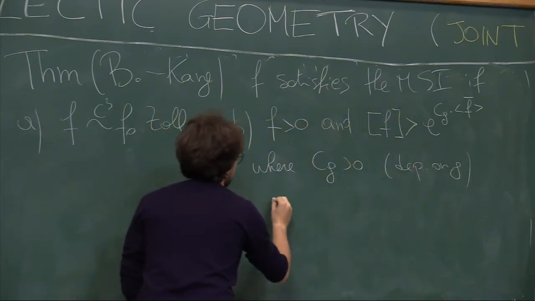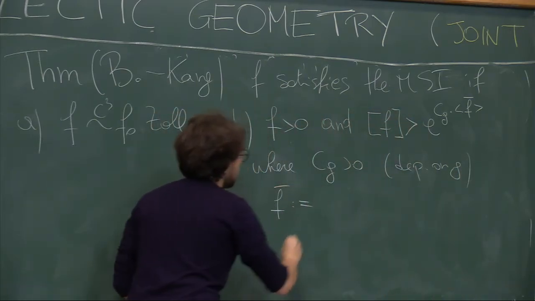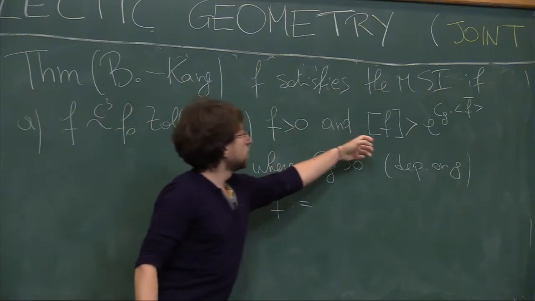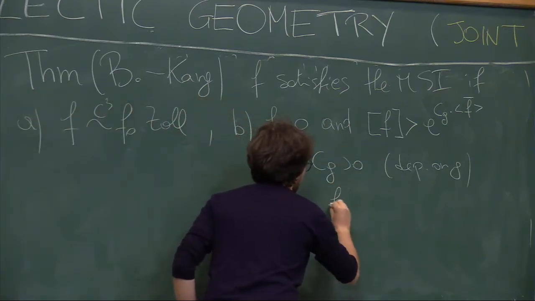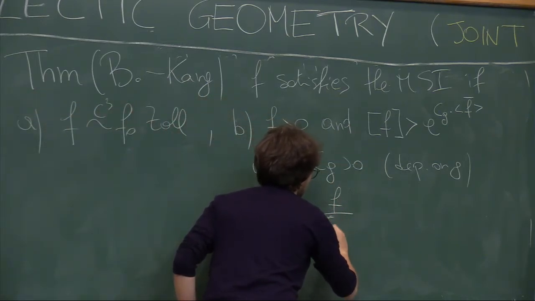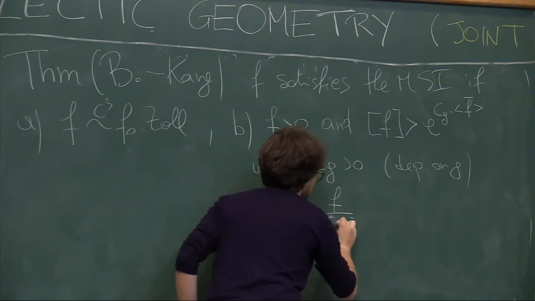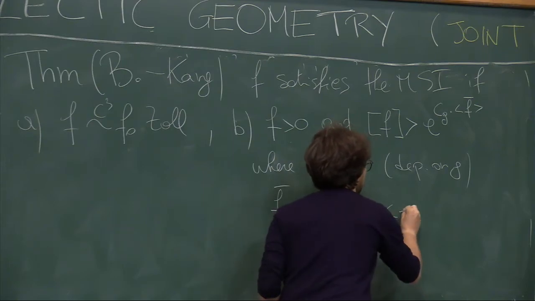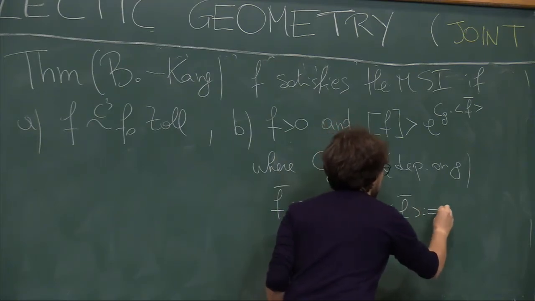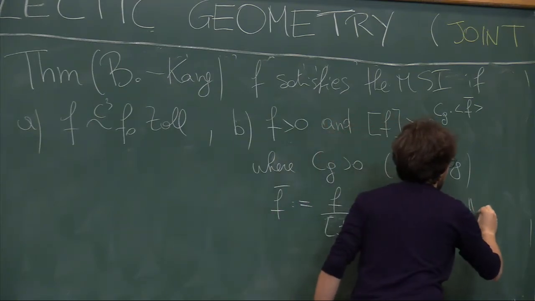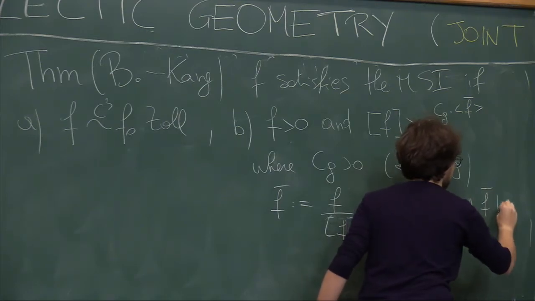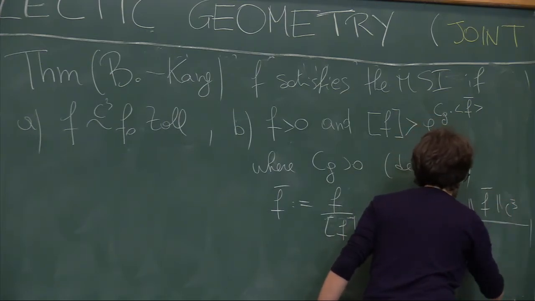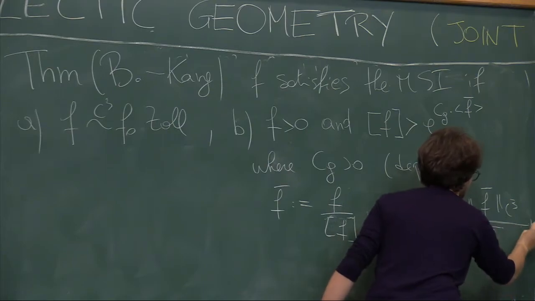And this f bar is just the renormalization of f through the average. So I take just f divided by the average. And then this quantity here is defined as 1 plus the C3 norm of f bar divided by the minimum of f bar.